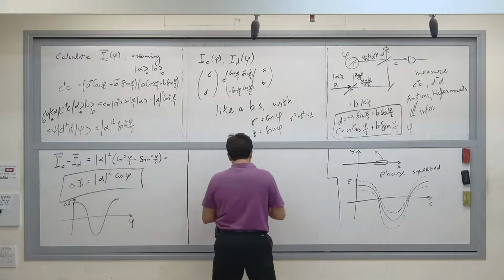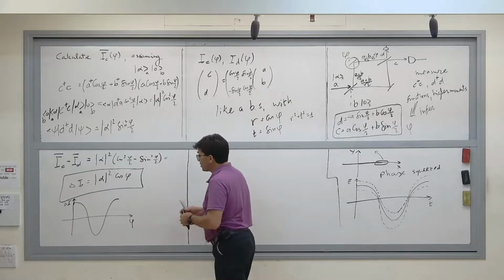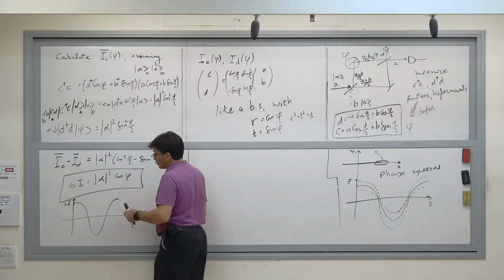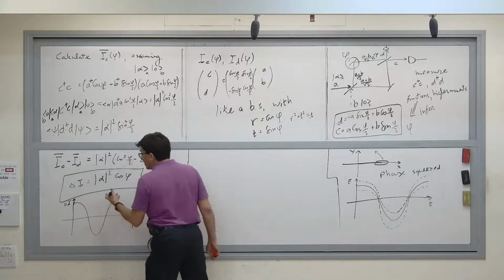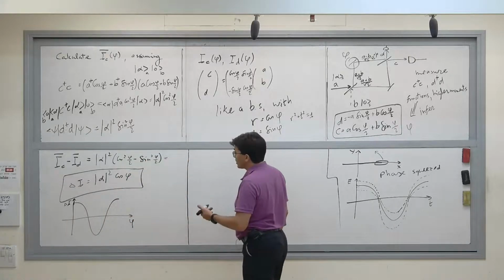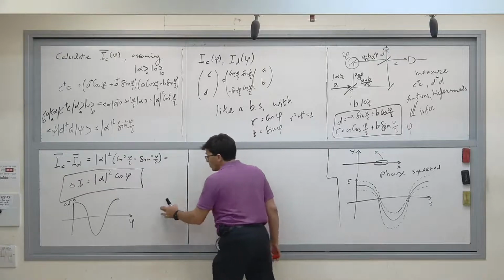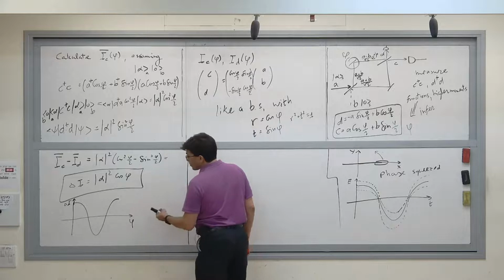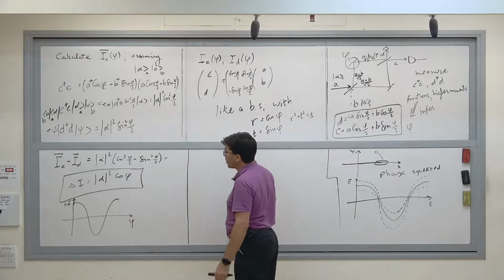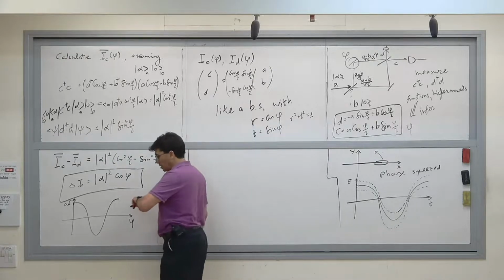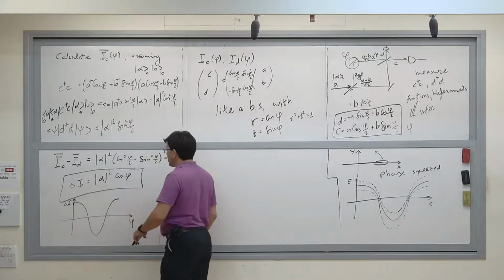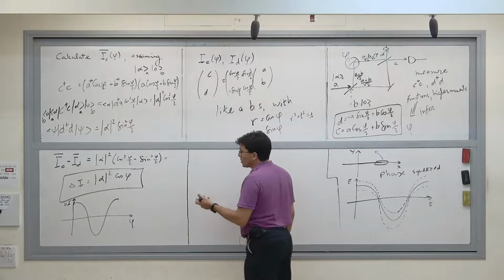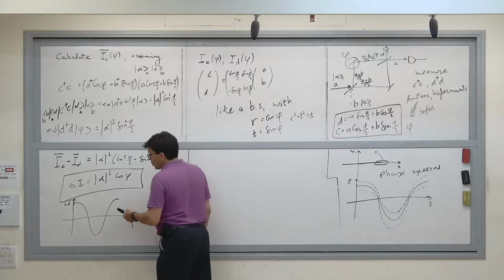So I park at some point. Now, I know I can measure this intensity difference, and I want to ask myself, what do I see?